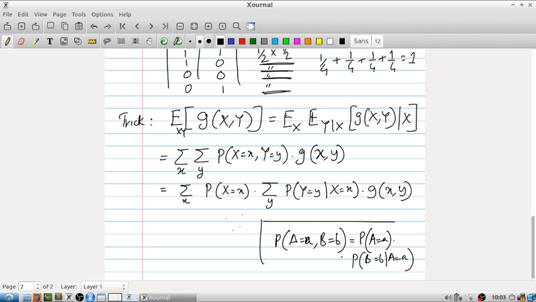Some of you must have seen Bayes' rule and things like that. It's all related to this, but it's not needed for us. It's just saying that the joint probability of two things, A taking a value a and B taking a value b, is the same as the probability that A takes a value a times the probability that B takes a value b given A takes a value a.